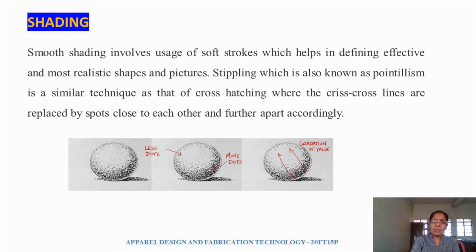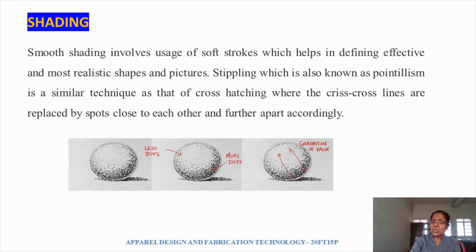Smooth shading involves usage of soft strokes, which helps in defining effective and most realistic shapes and pictures. Stippling, which is known as pointillism, is a similar technique to cross-hatching, where the crisscross lines are replaced by spots close to each other and further apart accordingly.